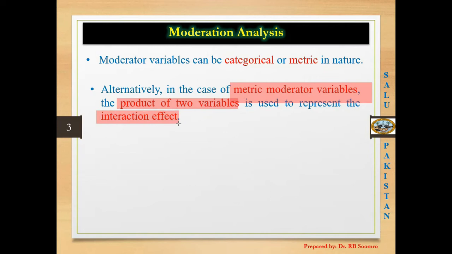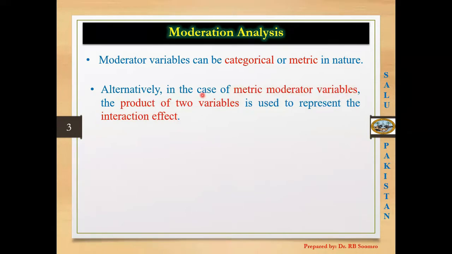If you have a metric variable, then we can take the product of the two variables. One is the focal independent variable, and the other is the values of the moderator. When we combine them, we check the impact, or interaction effect, of these two variables on the dependent variable. That is the concept of the moderator variable.